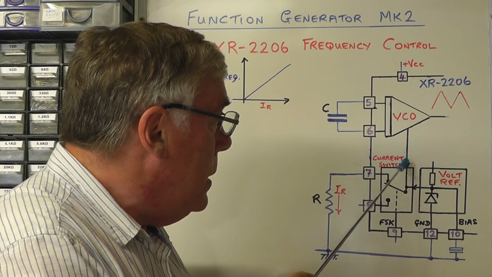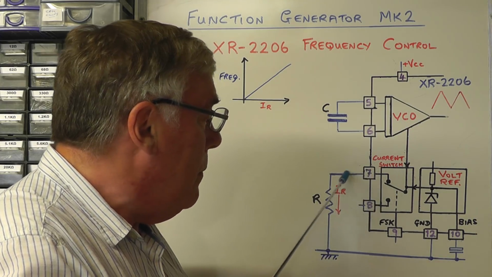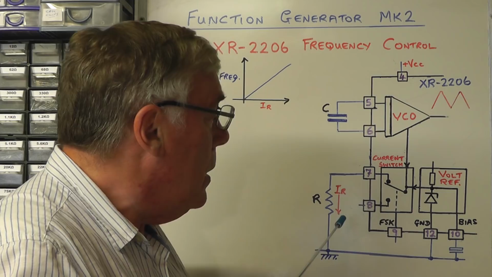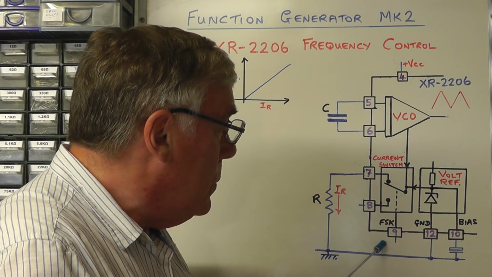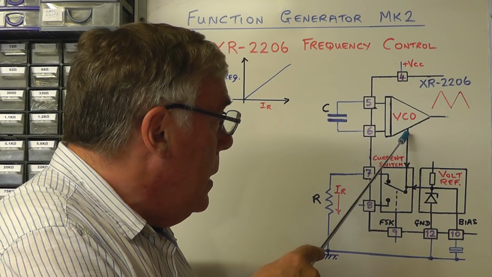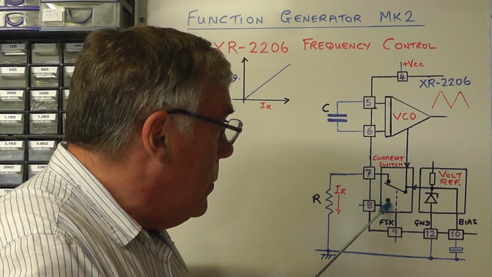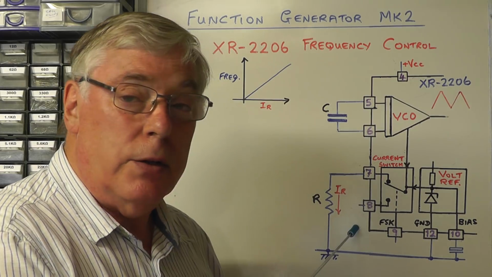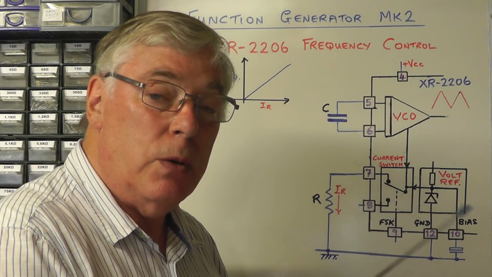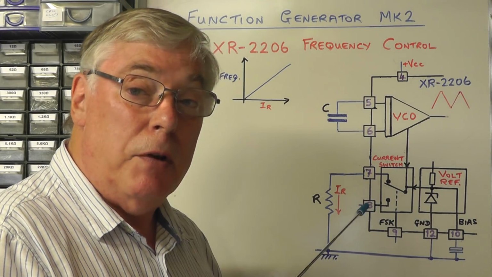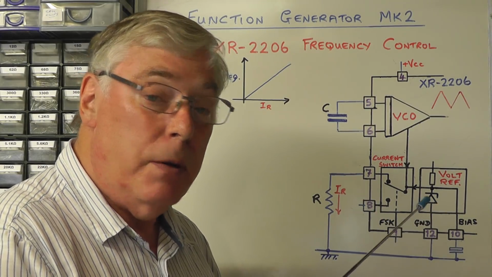The current is switched through pin 7 through the timing resistor to ground. If the logic level on pin 9 is taken low to 0, then the timing current is switched down through pin 8 through an alternative timing resistor to ground, and in that way we can switch between 2 timing resistors and effectively between 2 frequencies.